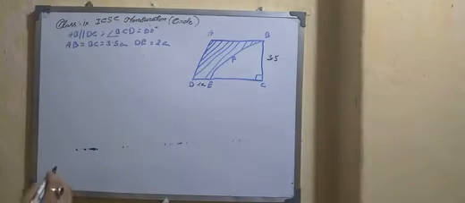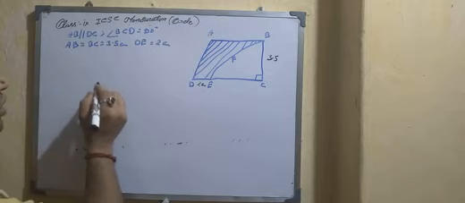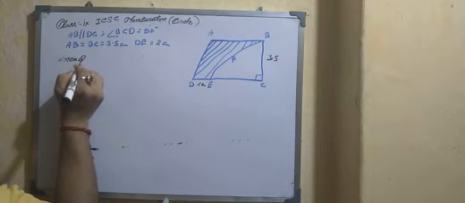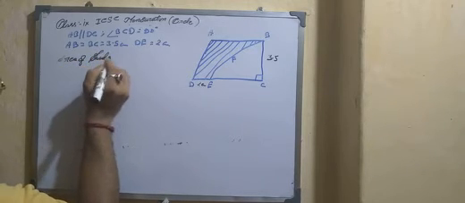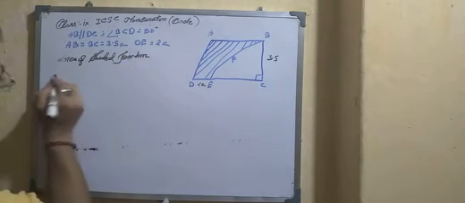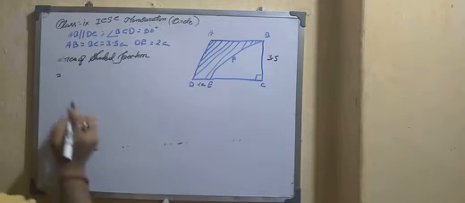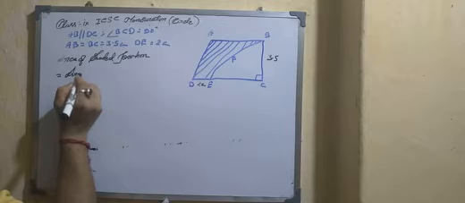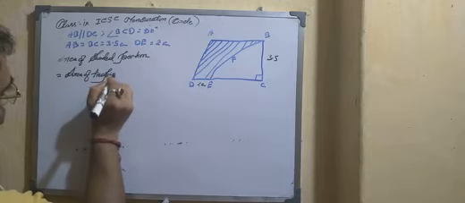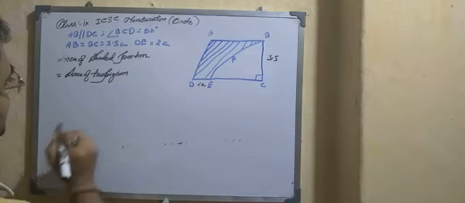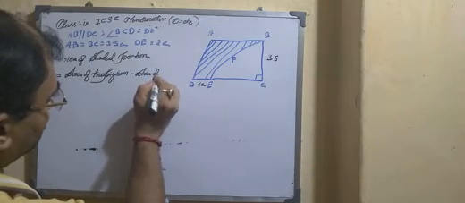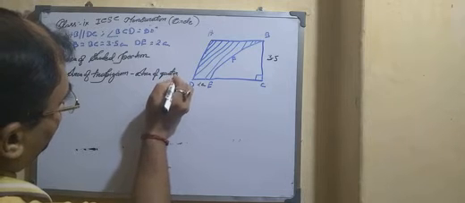So area of shaded portion equals area of trapezium minus area of quarter circle.